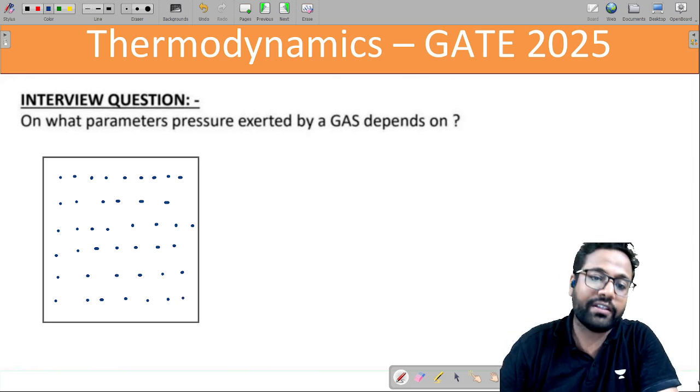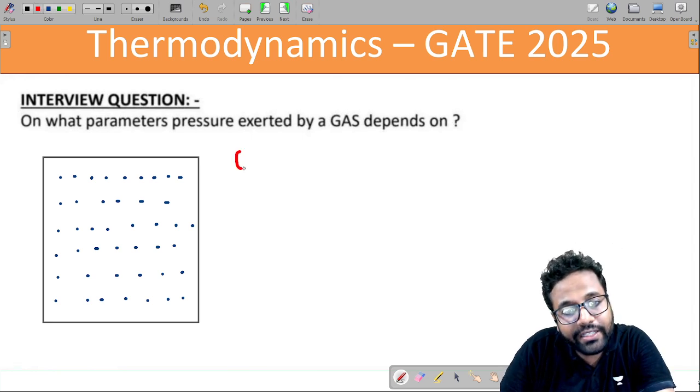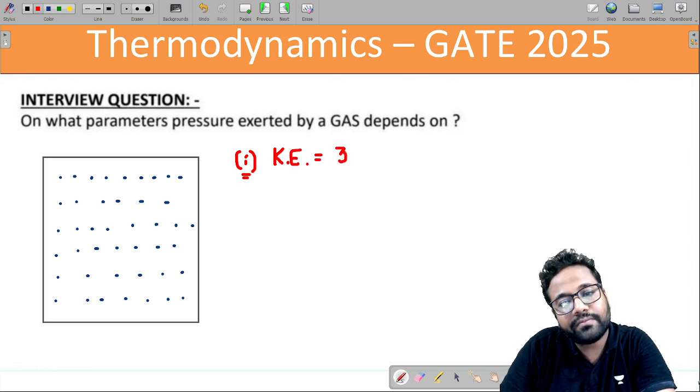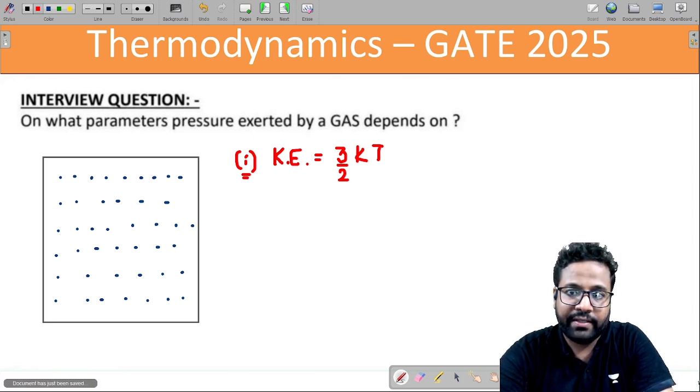So bacha log, according to the kinetic theory of gases, the kinetic energy of the gas is represented by 3/2 kT, where k is the Boltzmann constant and T is the absolute temperature. First of all, is this clear?